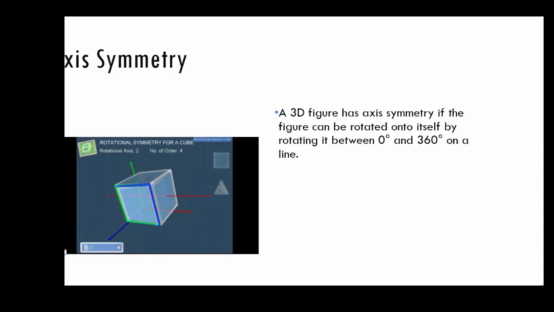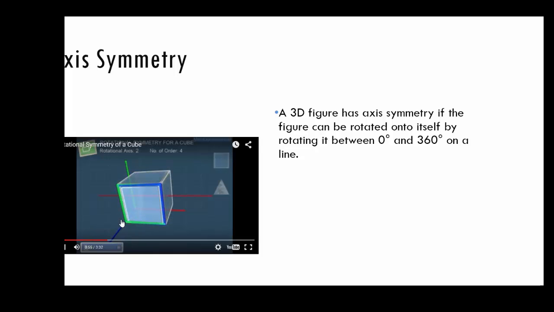This is the second axis of rotational symmetry. When we rotate the cube about this axis, we can see that the cube matches itself 1, 2, 3, 4 times. Hence, this axis of symmetry has order of 4.